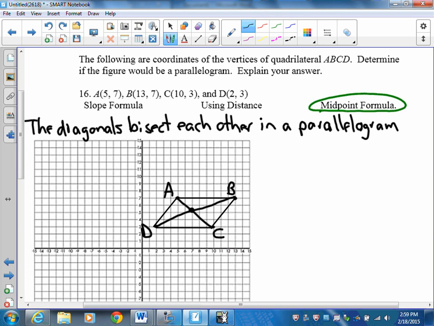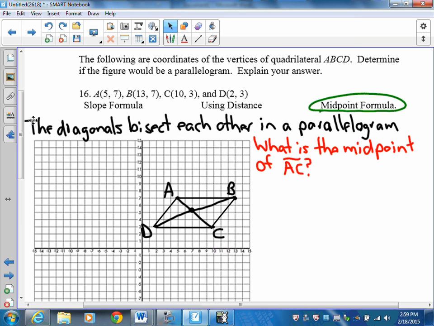So what is the midpoint of segment AC? That's one of my diagonals. And I have to use the midpoint formula.